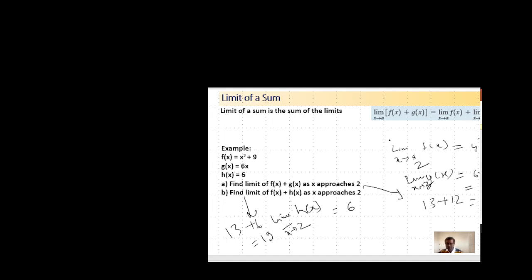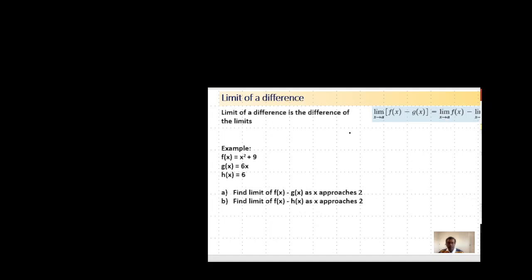Let's look at a few more laws. The next law is the law of difference, which is very similar to the law of sum. It says that if we need to find the limit of the subtraction or difference of two functions, we can find the limit of each function independently and then take the difference later.